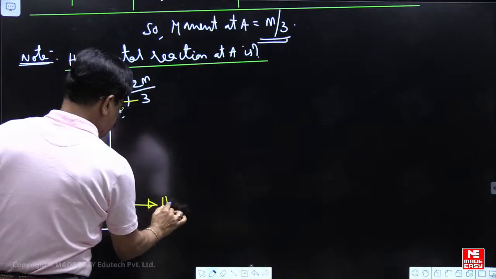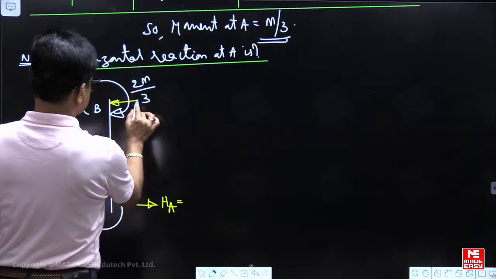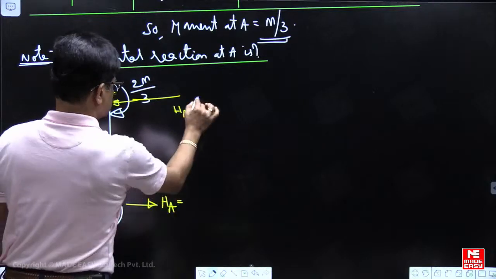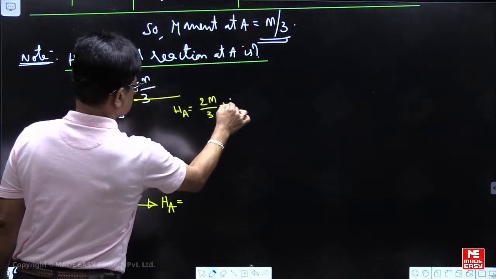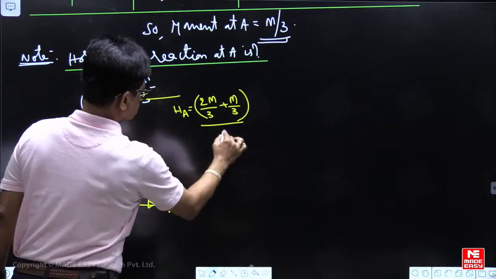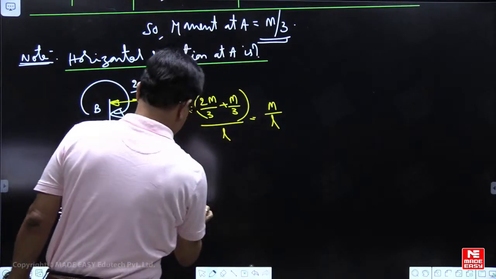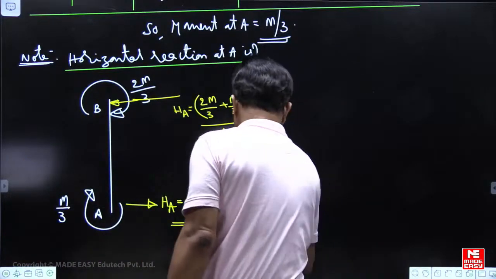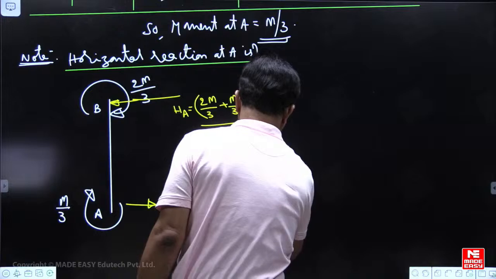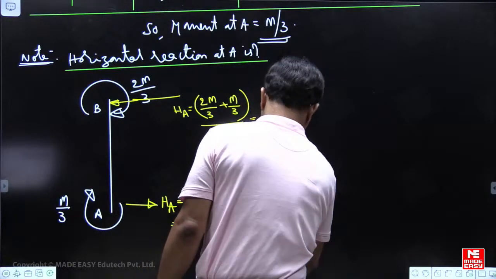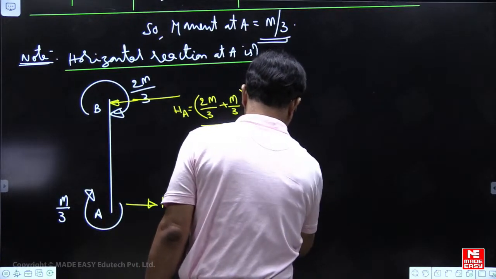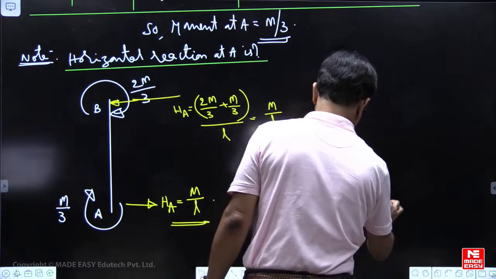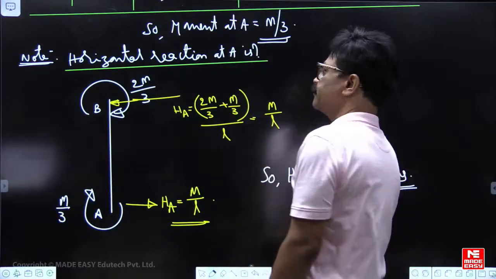These are the reactions. So the horizontal reaction at A becomes M by L. This is the answer.